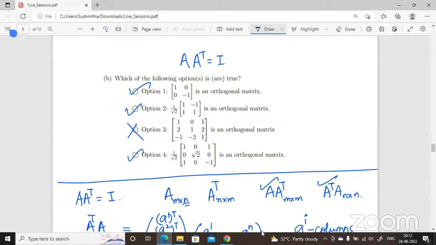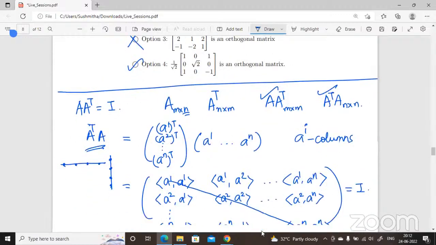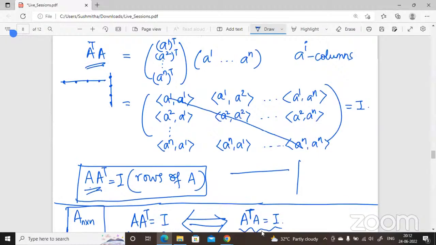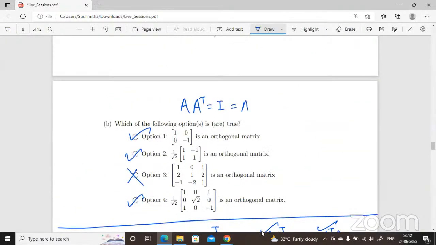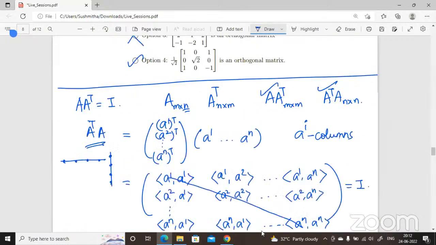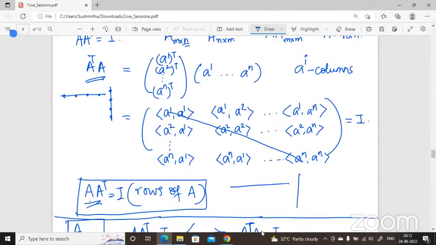But another way of checking, what did we see? If A A transpose is identity, then A transpose A will also be identity because we are looking at square matrices. And if A A transpose is identity, it means that the rows of A form an orthonormal set.